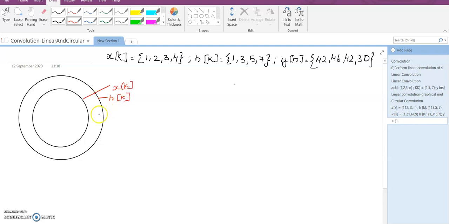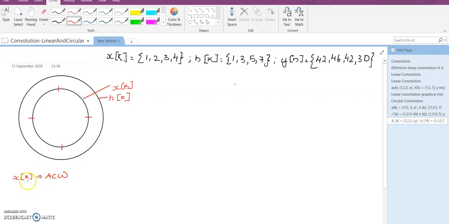So we draw two circles representing the two signals, and each of these signals has four components, so we mark 4 points designating the components over here. So I have a typical logic that works out over here. x of k is basically drawn anti-clockwise.